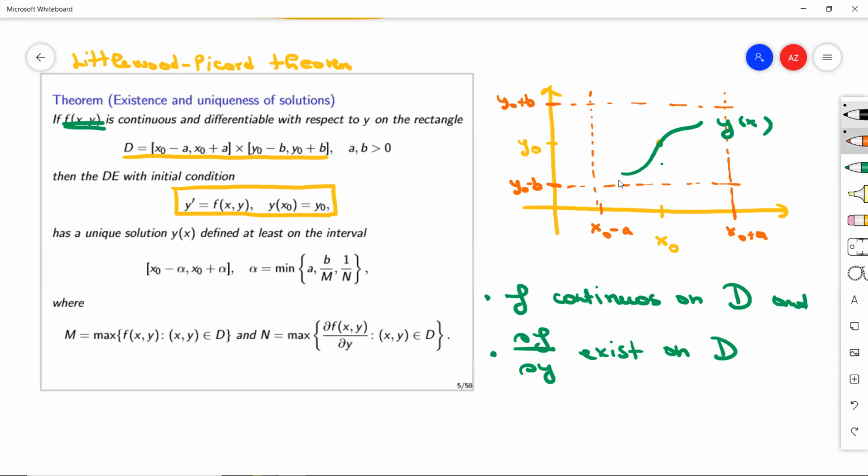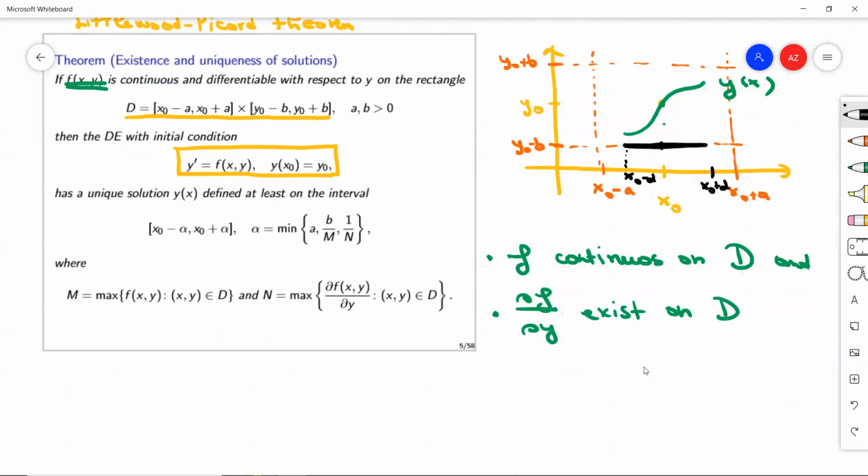So the theorem says that there exists some interval around x naught on which the solution exists. There exists alpha such that on x naught minus alpha to x naught plus alpha, the function y exists. And moreover, it doesn't only exist, it is unique.